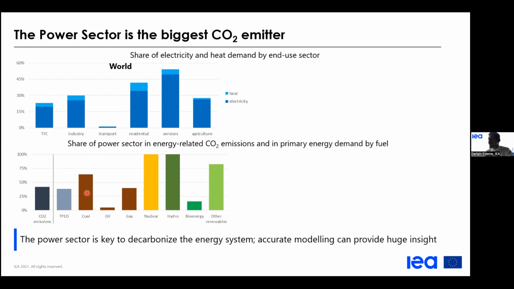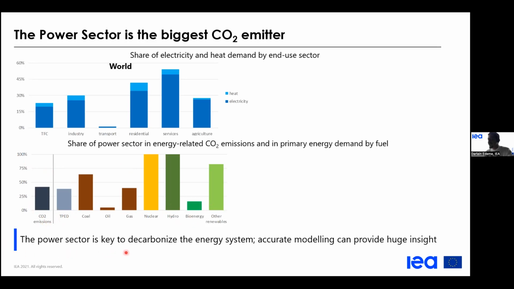Here you have a second chart, which is the share of power sector in energy-related CO2 emissions and in primary energy demand by fuel. Here, in terms of percentage, you have the CO2 emissions related to the power sector, and then you can see the different percentages with respect to the primary energy demand by fuel.